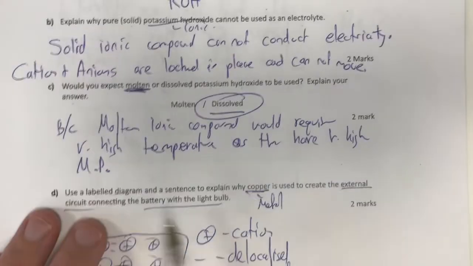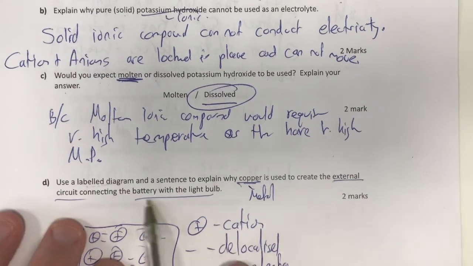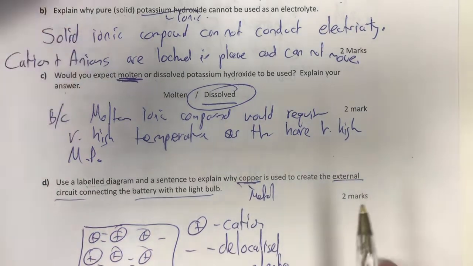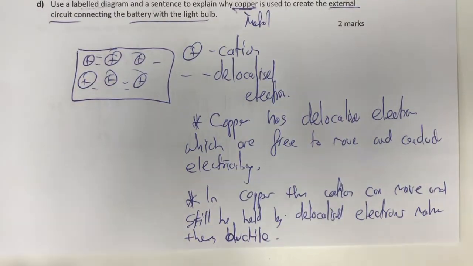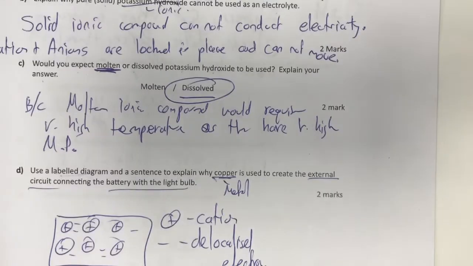Again, looking at what is the property we're talking about, what is the material we're talking about, and what is my go-to sentence in explaining that property using the model for our material.